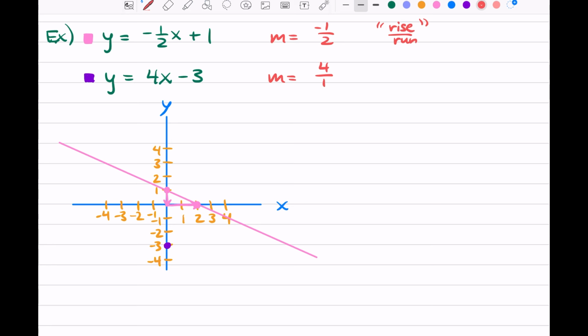You can think of it as 4 over 1. So we rise 4, and we run 1. In our first way, as I mentioned, for every time x increases by 1, y goes up by 4. Either interpretation will get you to that second point. So let's draw that line.